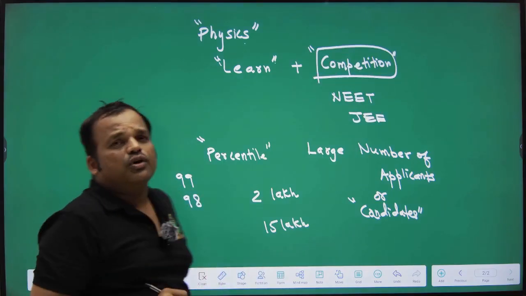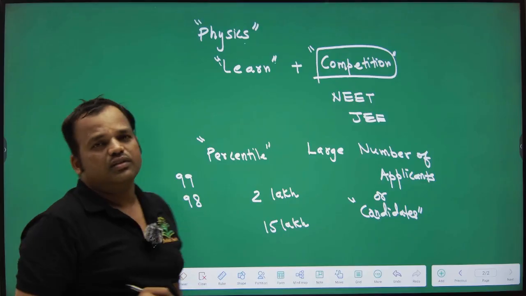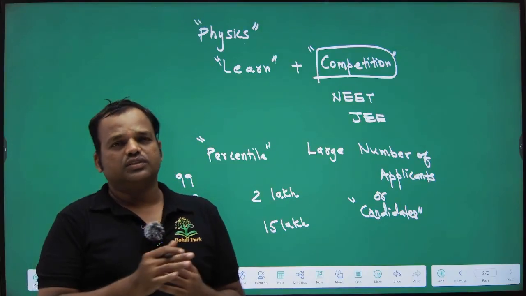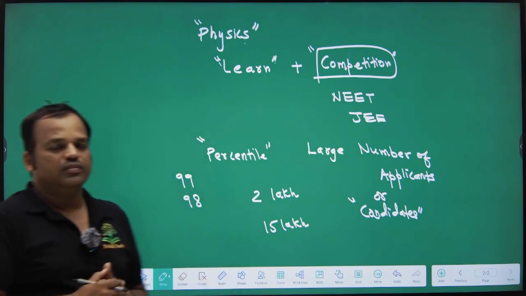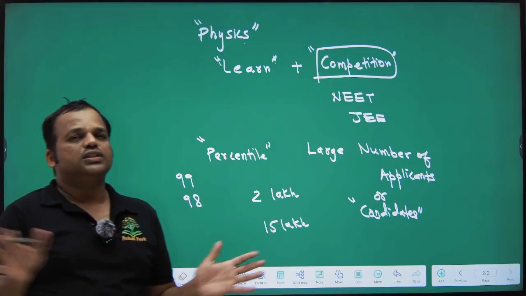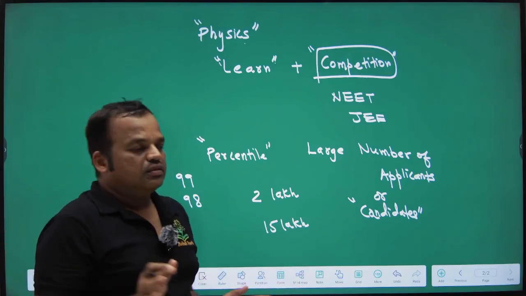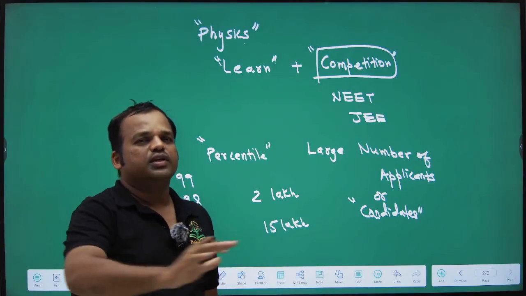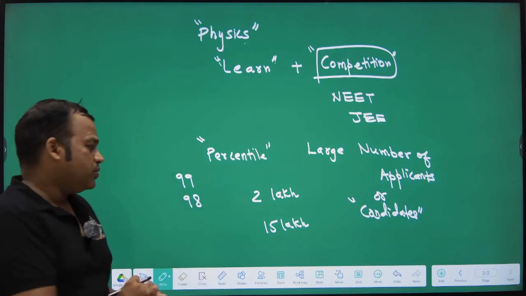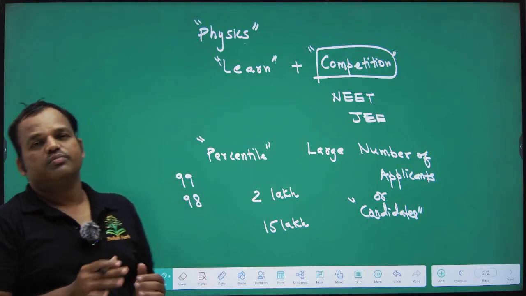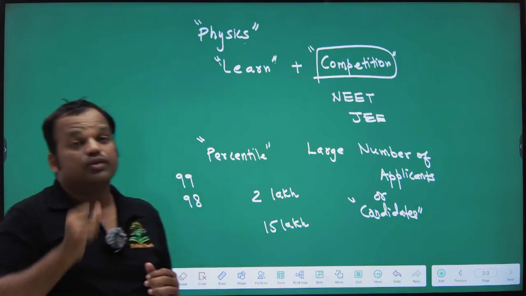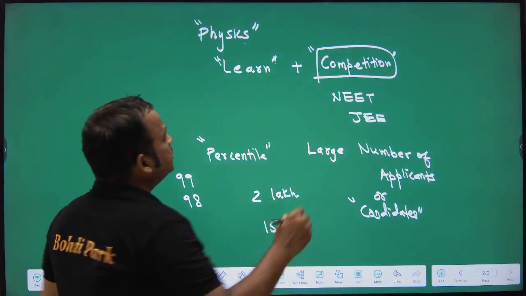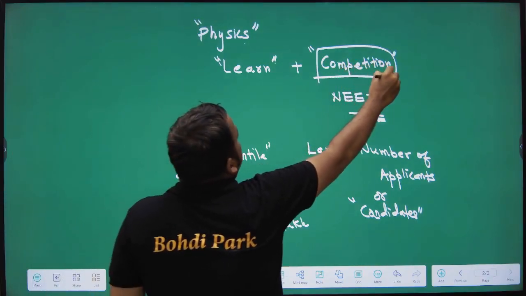So when it comes to competition, the syllabus is fixed. How much we have to study, the topics, the number of chapters are fixed. But the number of questions is not limited. You have to solve a variety of questions from a variety of study materials. The concepts, topics, and chapters are limited, but the types of MCQs are unlimited.